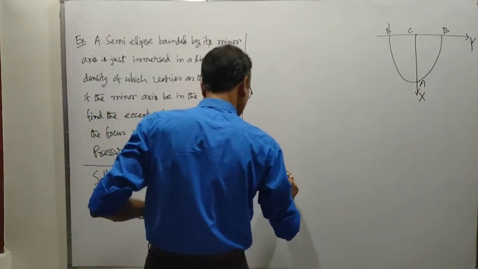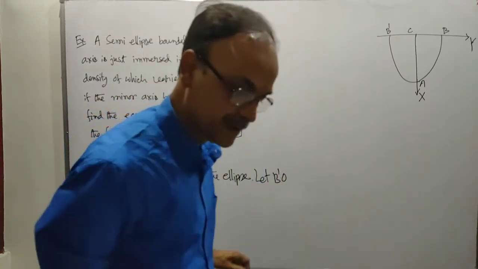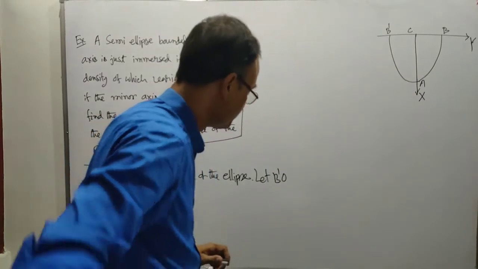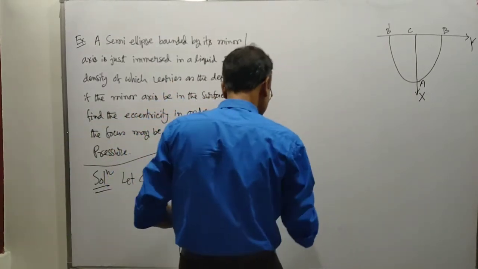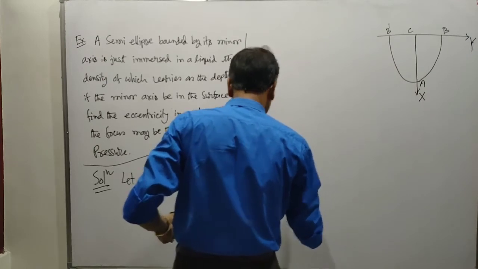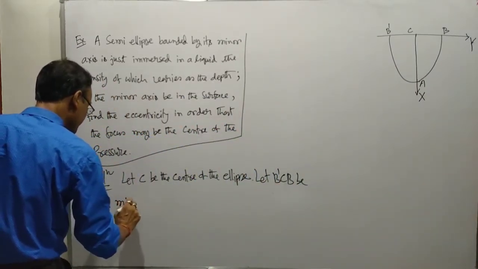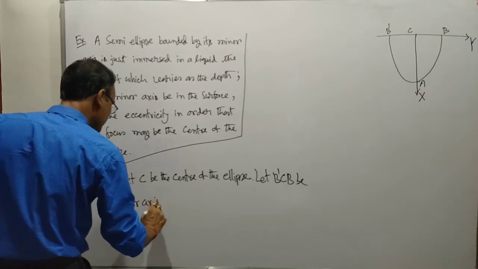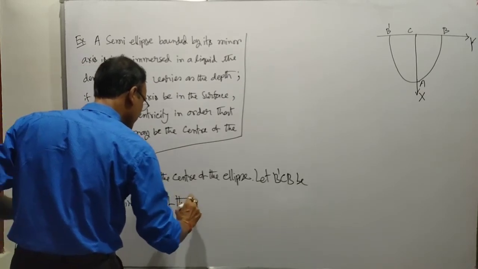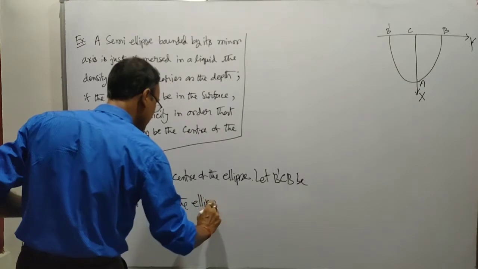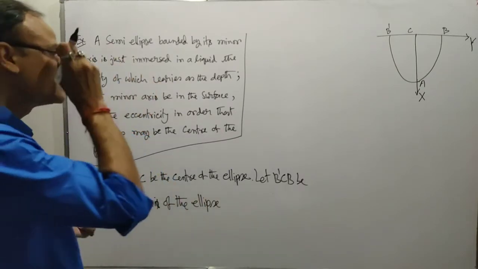Let B dash CB be the minor axis of the ellipse.